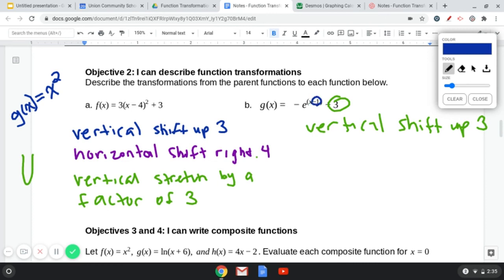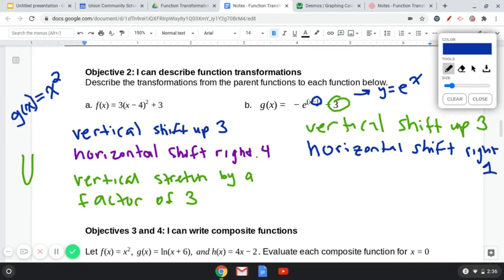Oh, excuse me, I should have started that the parent function is e to the x. So this x minus 1 is in this original x term, which means this will be a horizontal shift. This minus 1, it's minus, which means we'll go right 1 unit.